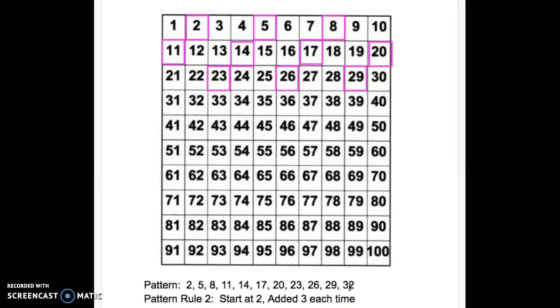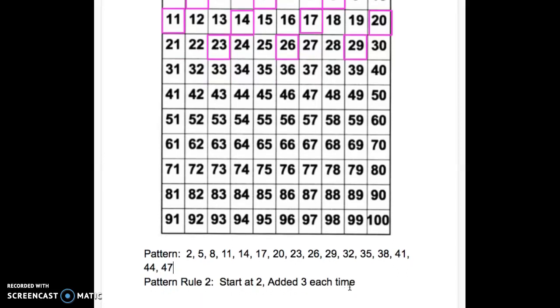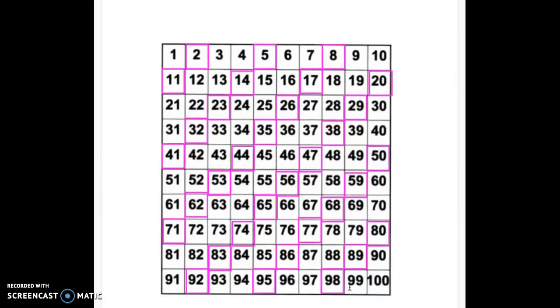Adding 3 more, 32 plus 3 gets me to 35. Adding 3 more to 35 gets me to 38. Adding 3 more gets me to 41, 44, 47, and so on. Using these pattern rules, I can manage to finish my chart completely, following them across the diagonals or by adding 3 each time.